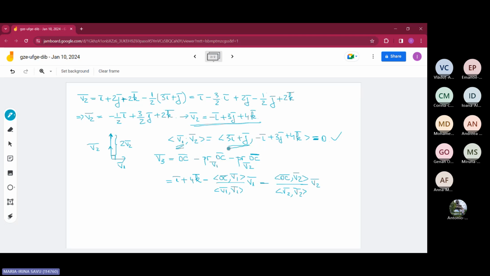V2 is this one, V1 is this one, and OC is this one. So I will give you 3 minutes to find this vector V3.